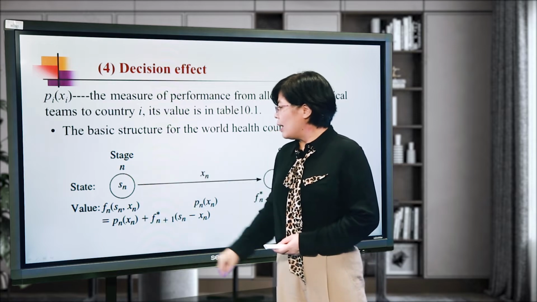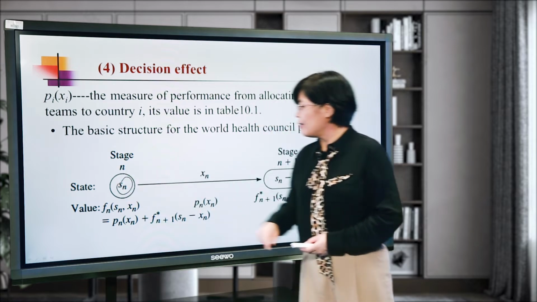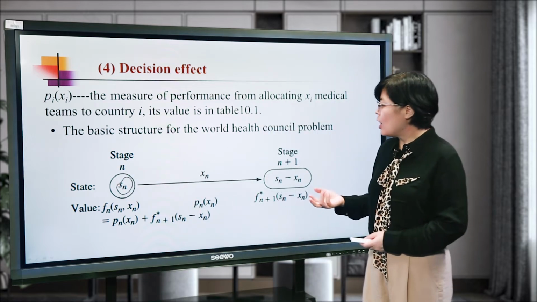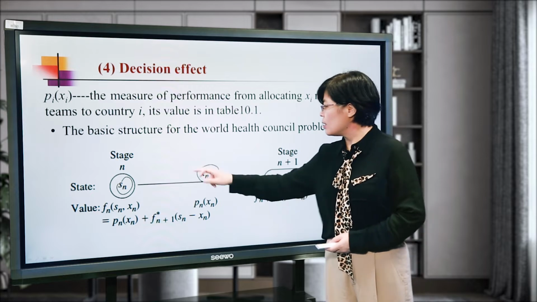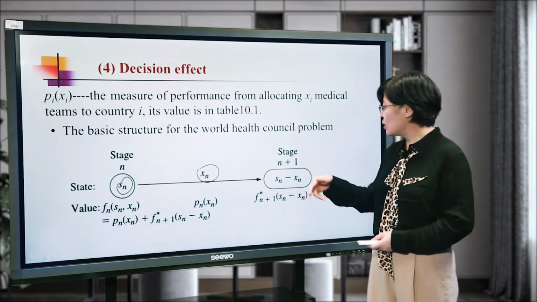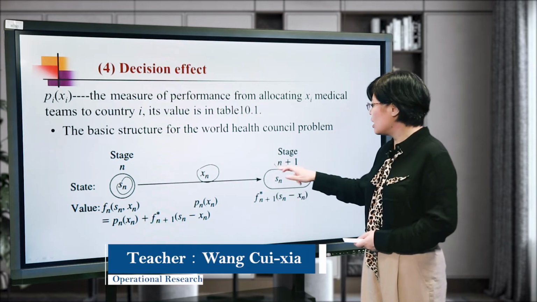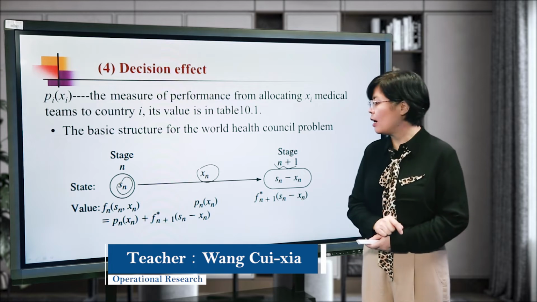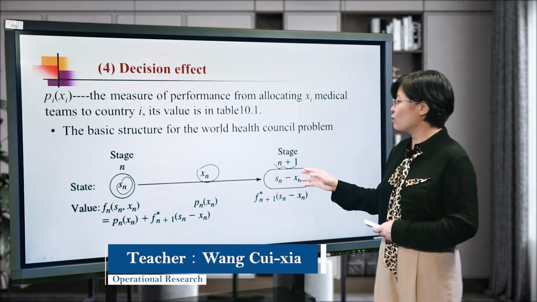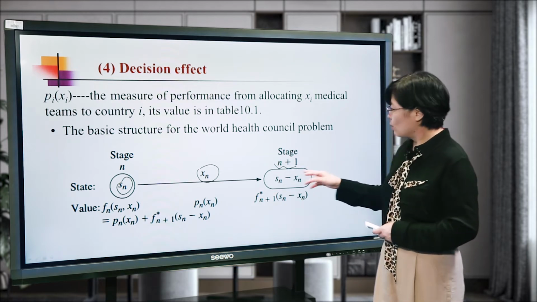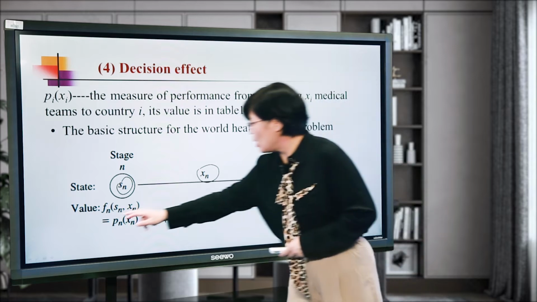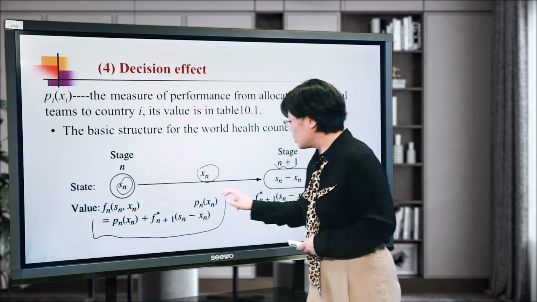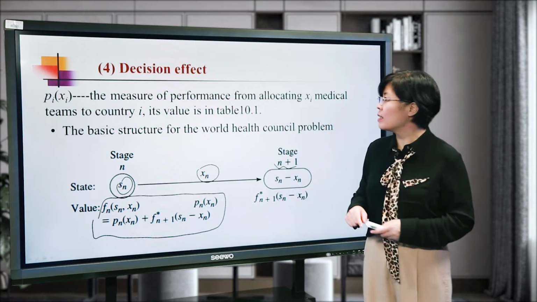The basic structure for the World Health Council problem is like this. In stage n, the state is Sn. Then we shall decide how many teams to allocate to country n based on this performance measure.